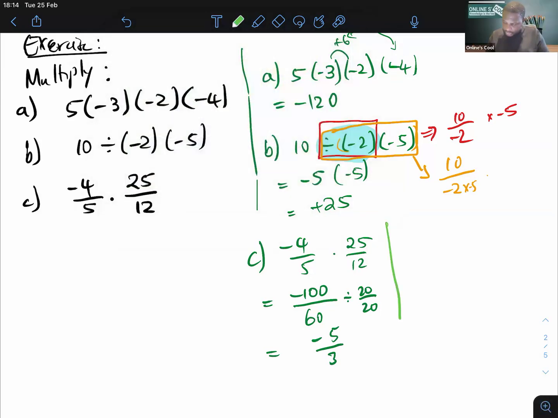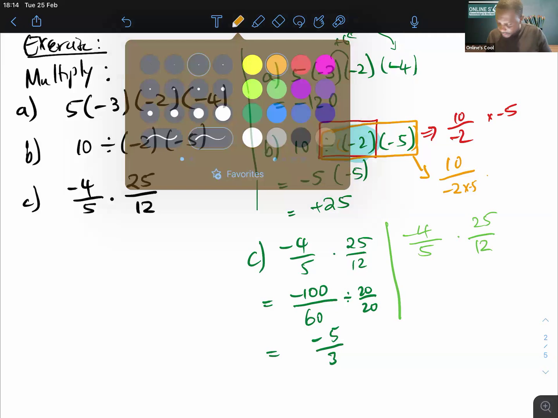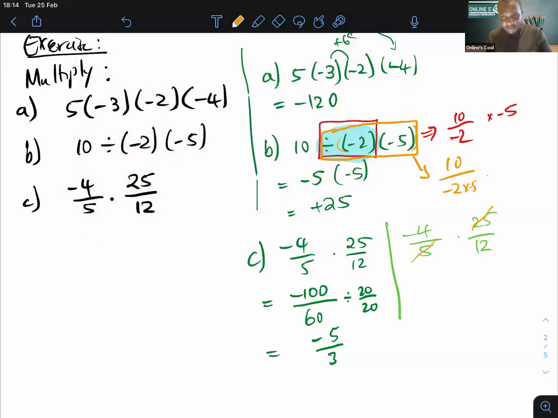Alternatively, you must always try and avoid multiplying big numbers. So you must see where there's opportunities for you to remove some numbers or to make them smaller. By that, what I mean is that the 25 and the 5 are factors, and 25 divided by 5 gives you 5, because 5 times 5 is 25.